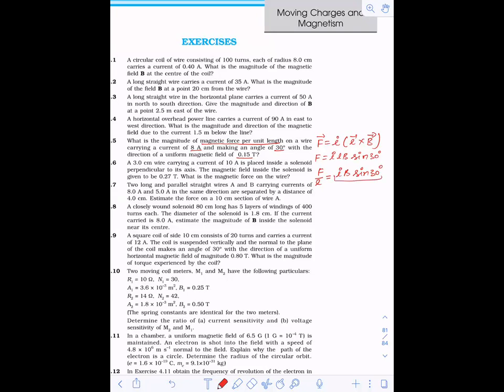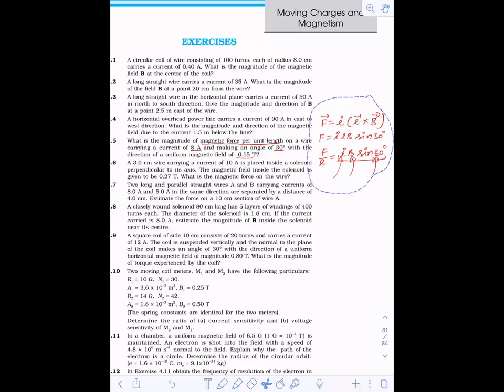I is given to me, 8 ampere. The value of B is given, 0.15. The angle of 30 degrees is given. Can you put the values and calculate the F by L value in question number 5?